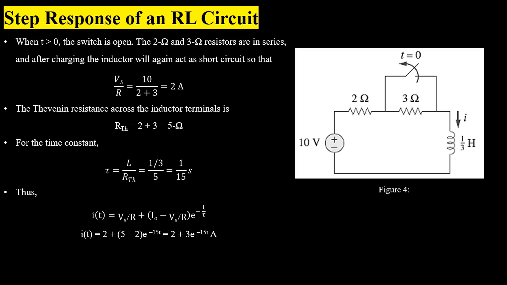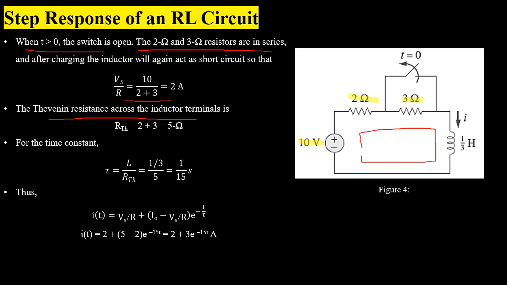Now when time t is greater than 0, the switch will be open. The 2 ohm and 3 ohm resistors will be in series, and after charging, the inductor will act as a short circuit. After this, the current flowing through the circuit will be Vs over R, which equals 2 amperes. The Thevenin resistance across the terminals of the inductor will be 2 plus 3 equals 5 ohms.